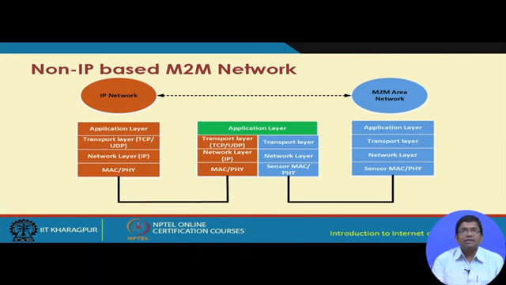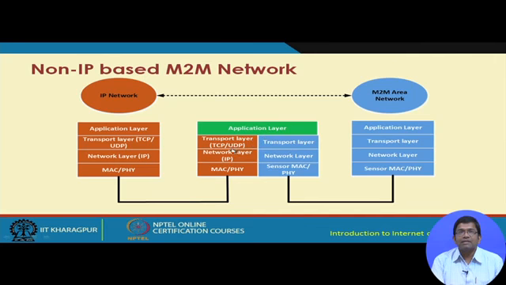So, this is a scenario of a non-IP based M2M network. Here, as you can see over here, we have a non-IP based M2M area network, and here we see an IP based network, and this application layer basically seamlessly integrates these two.